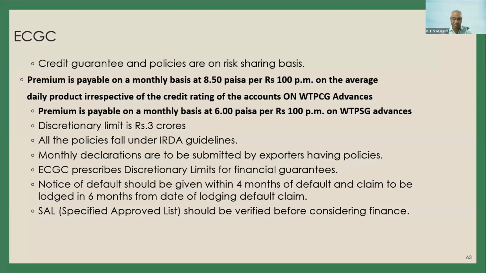If we do not inform within 4 months, the claim will not be settled. Then, after informing the default, within 6 months we should lodge the claim. Let's suppose I informed the ECGC in the month of November. Then within 6 months from November, I should lodge the claim. Remember this: 4 months, 6 months.